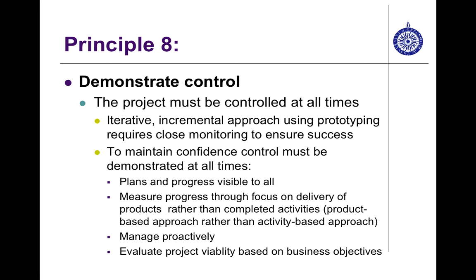As I said before, we have the business case, and we have the business goal, and we have the business objectives. One business goal may be a combination of many different business objectives.